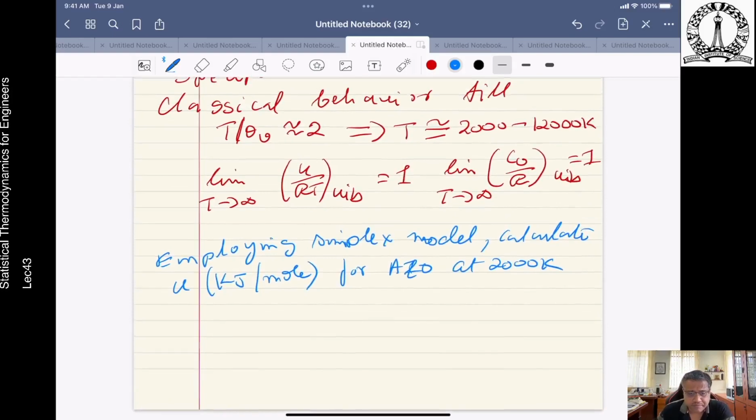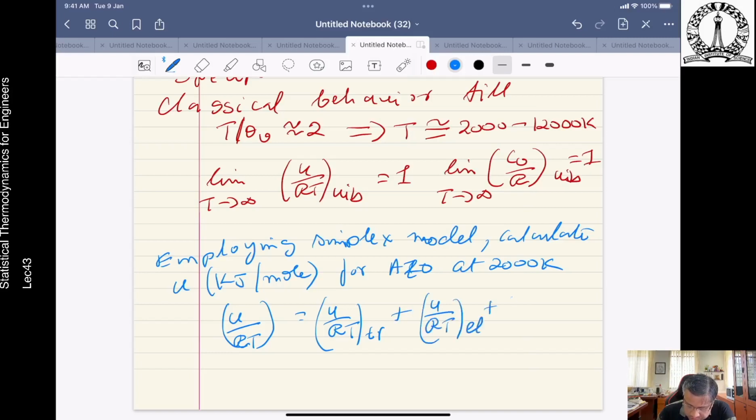We already know what the internal energy will be composed of. U by RT is equal to U by RT translational plus U by RT electronic plus U by RT rotational plus U by RT vibrational.